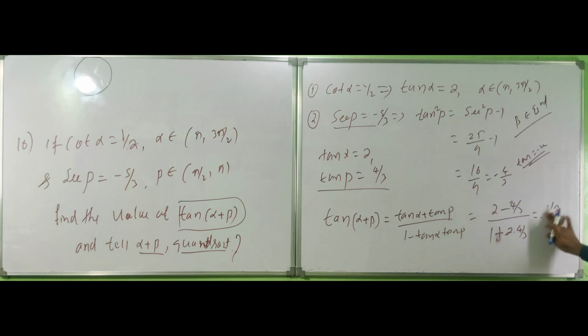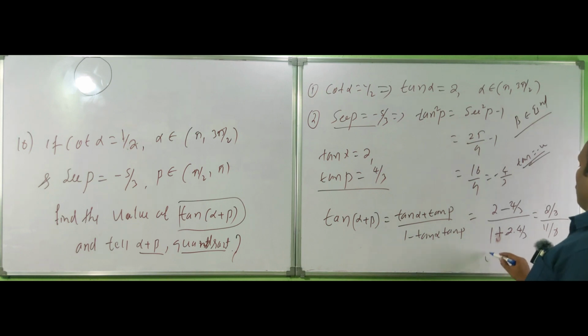This becomes 2 by 3 divided by 8 plus 3, 11 by 3, the 3s get cancelled. This is 2 by 11. Tan(alpha plus beta) is equal to 2 by 11.